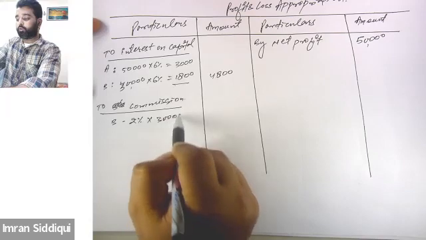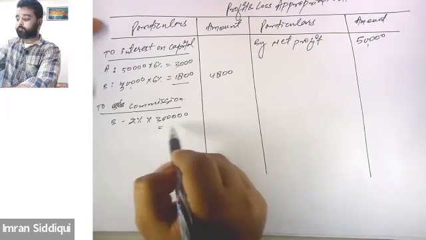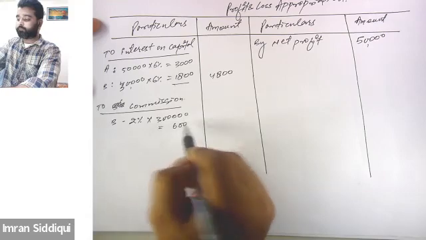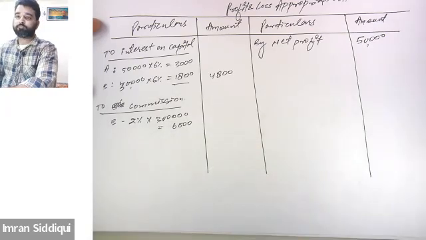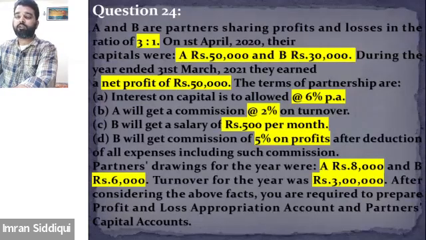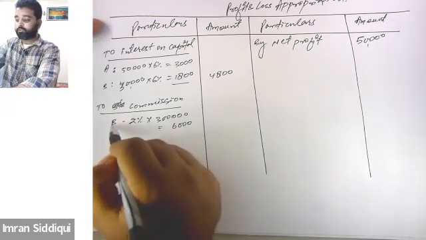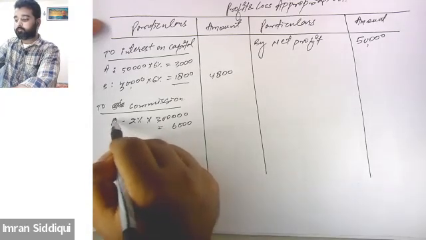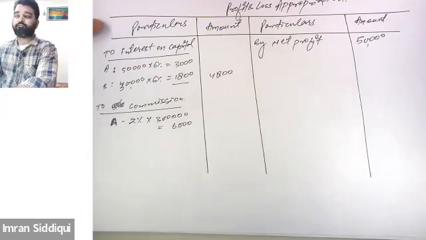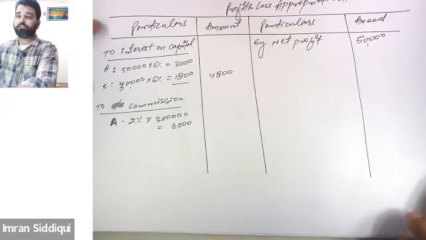So 2% of 3 lakh will be 6,000. All right, 2% of 3 lakh will be 6,000.